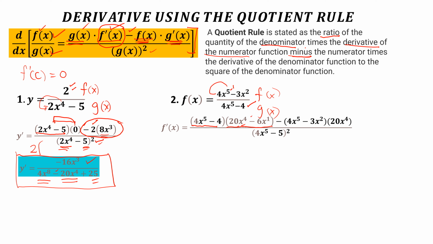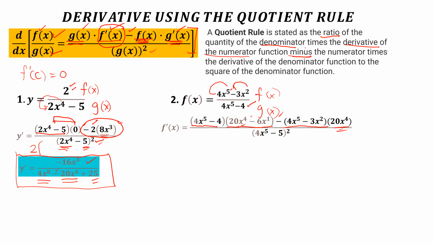And then minus 2 times 3 is 6x, and understood there is 6x to the 1, or the 1 there should not be reflected because it's already understood. So minus f of x, so we just copy the numerator, 4x to the 5th minus 3x squared, times the derivative of the denominator. So the derivative of the denominator is 20x to the 4 minus 0.